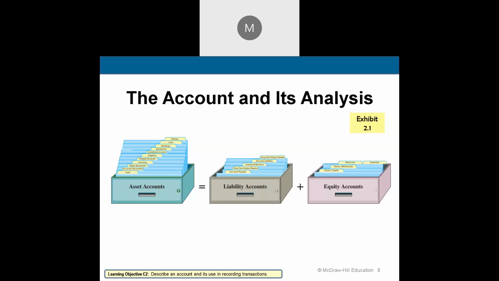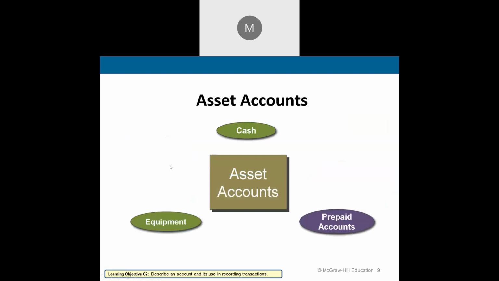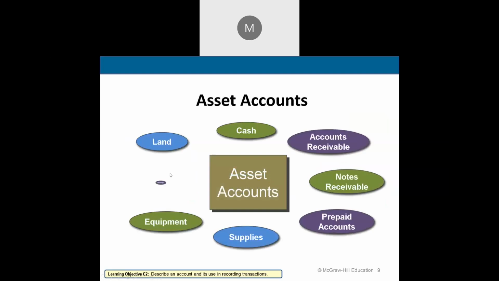So this is the accounting equation, and these are the individual accounts within each category, which you all accurately highlighted when we first started this conversation. Assets, things that the company owns: cash, accounts receivable, et cetera. Property, plant, and equipment.